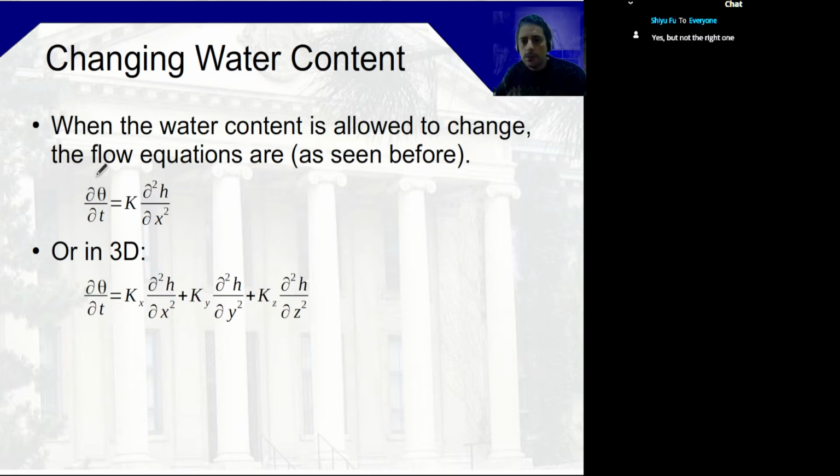Okay. So we have our rate of change of water content over time, which, as we saw previously, we developed already, is related to the second order change of head along the space, right?